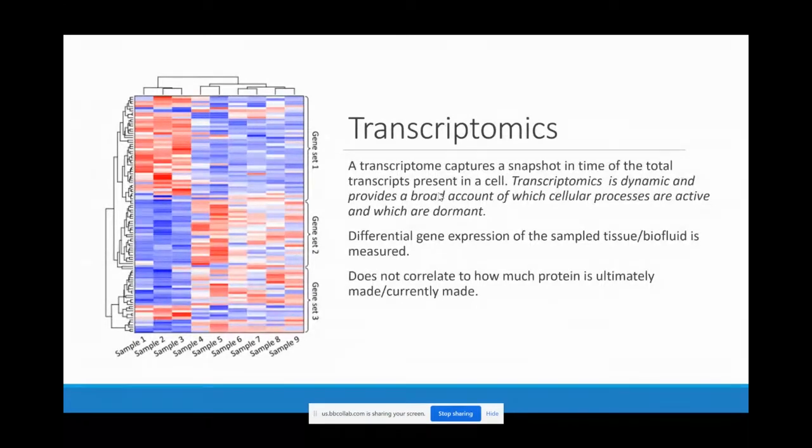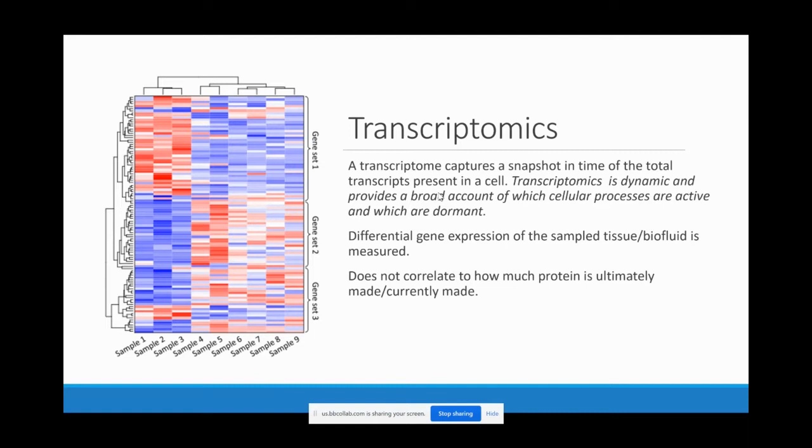Now, transcriptomics, something that's nice about it that is different from genomics is it's going to give you a snapshot in time of all of the transcripts in a cell. So it's dynamic, right? It's giving you a whole account of all of the processes that are active or dormant at that time. Remember, your DNA is just the main blueprint of your body. We don't know which genes are turned on or turned off on that DNA segment in a cell.